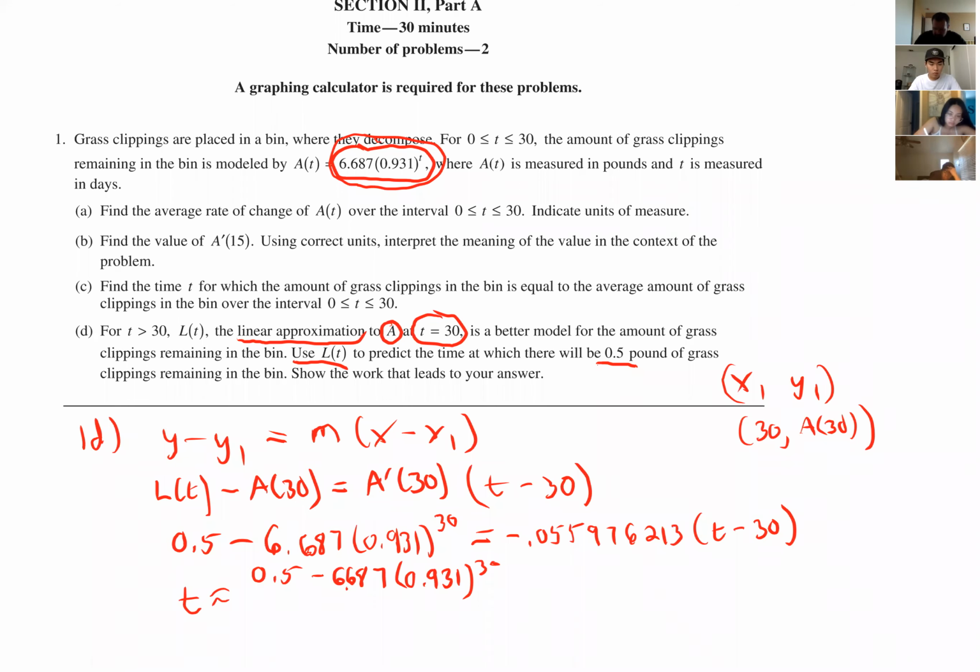And then we're going to divide this by, normally you would do all this on your calculator, but I'm just going to set up how you get the answer. 6213, and at the very end you would have to add 30 to both sides. So on your AP test, you could leave your answer like this.